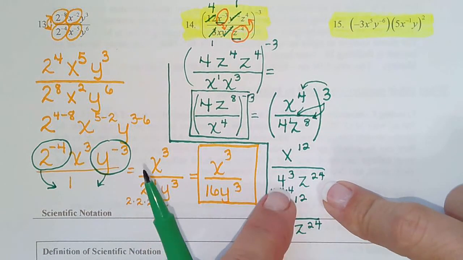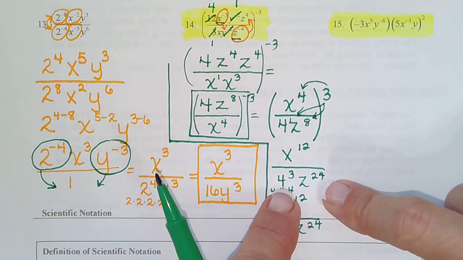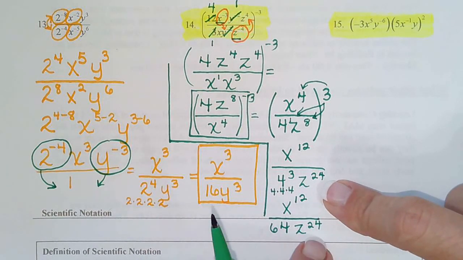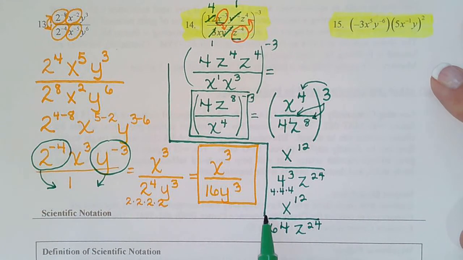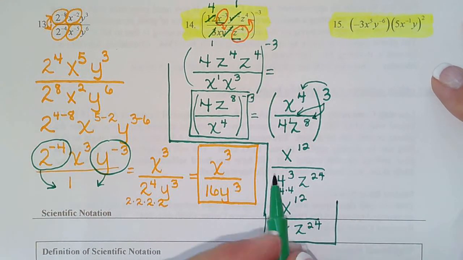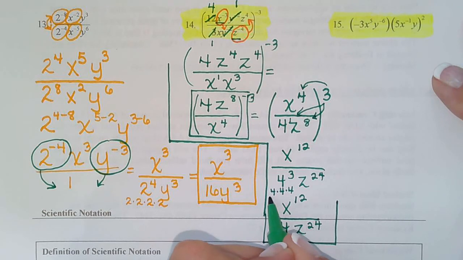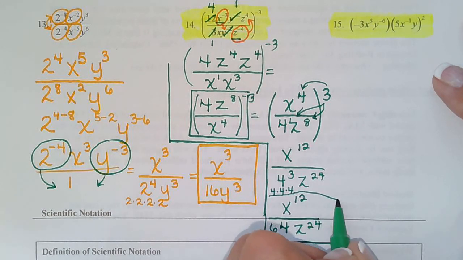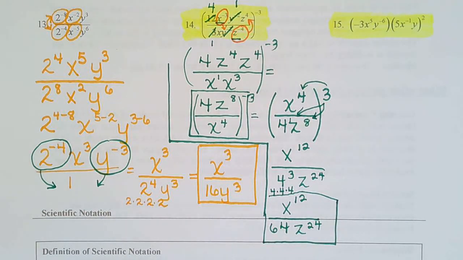And then we just have to work this out. 4 times 4 is 16, times 4 is 64, and then z to the 24th. So I have 2 of these on your test, and 14 and 15 are the best ones to study. So you really want to work hard on this section in Alex, because like I said, this is a tough section for students. Very tough.